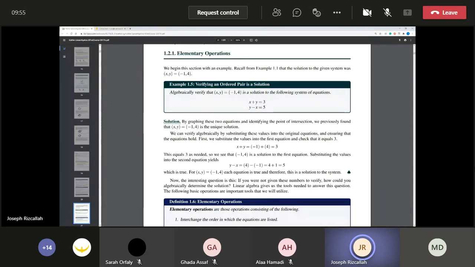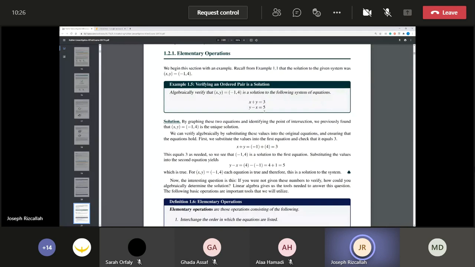But when it comes to solving the system, we want an efficient procedure or tool that allows us to get to the solution as fast as possible, or at least to be able to see that there are multiple solutions or there are no solutions, and so on and so forth. In other words, we want to devise a tool, or a way in which a system can be easily solved.